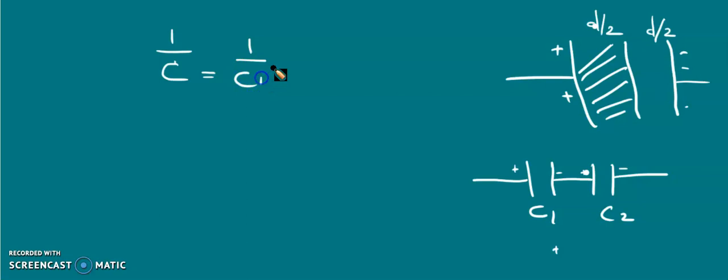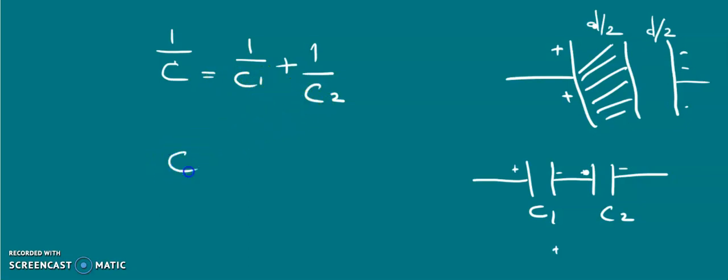Let the capacitances be C1 and C2. For a series combination, we have seen that the effective capacitance C, C1 and C2 are related as 1 over C equal to 1 over C1 plus 1 over C2. For a series combination, the reciprocal of the effective capacitance is equal to the sum of the reciprocals of the individual capacitances.